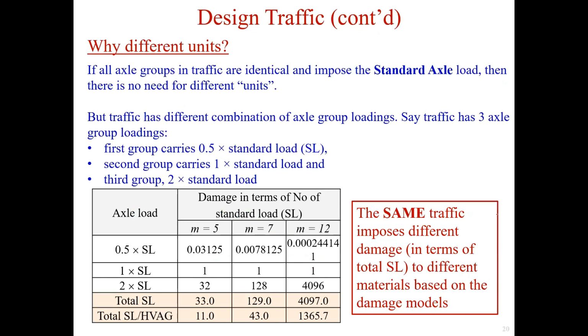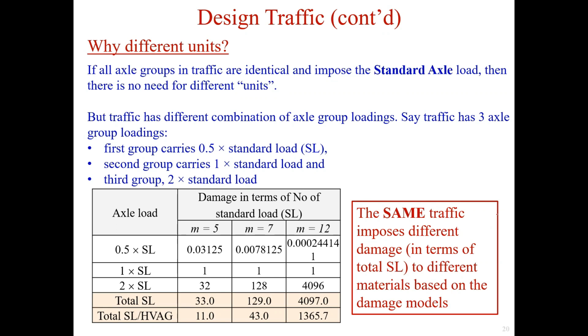You may think, if all axle groups in traffic are identical and impose the standard axle load, then there's no need for different units. But the real situation is far more complex, as traffic has different combinations of axle group loadings. Say traffic has 3 axle group loadings. First group carries 0.5 standard load, second group carries 1 standard load, and third group 2 standard loads.